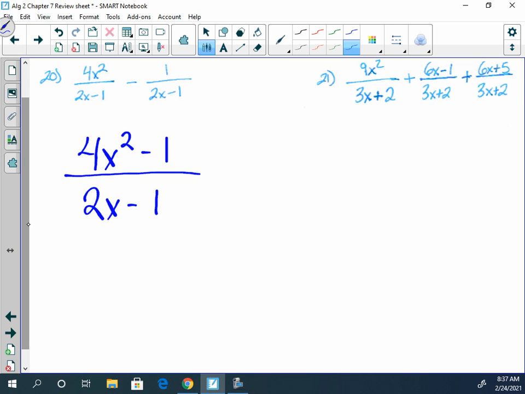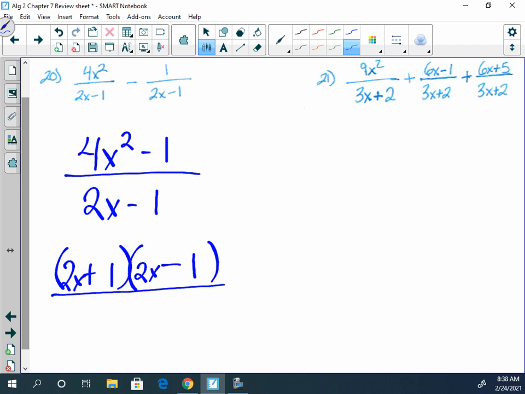So we'll subtract the numerators, the 4x squared minus 1, and we get 4x squared minus 1 over 2x minus 1. Well, we can factor 4x squared minus 1, because 4x squared is a perfect square, and 1 is always a perfect square. So we know that the signs are going to be opposite, and 1 and 1. So what would the 4x squared become? 2x and 2x.